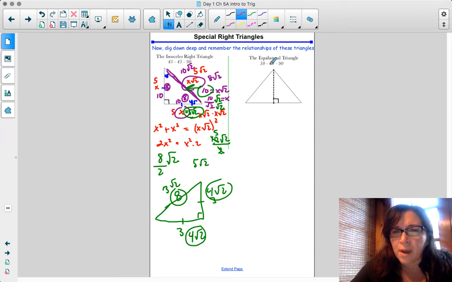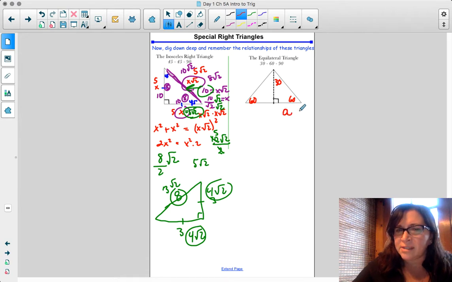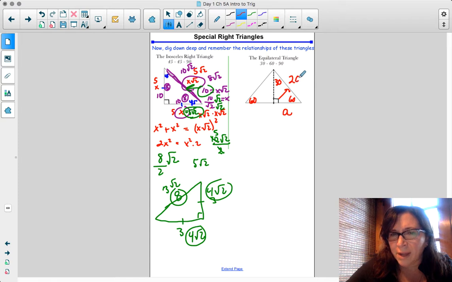If you have a 30, 60, 90 right triangle, this is actually half of an equilateral triangle where all the angles are the same. So that's 60, and that's 60, which would make that 30. In a 30, 60, 90, opposite the 30-degree angle we would call, let's say, A. Opposite the 90 is going to be twice what's across from the 30, so we call that 2A.